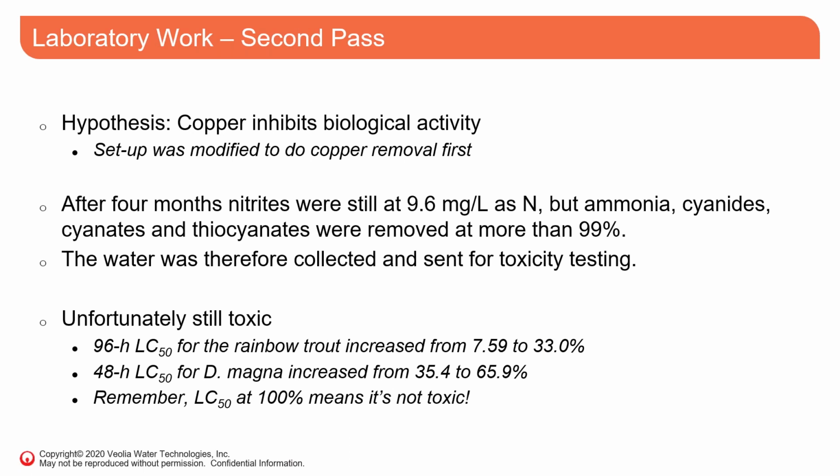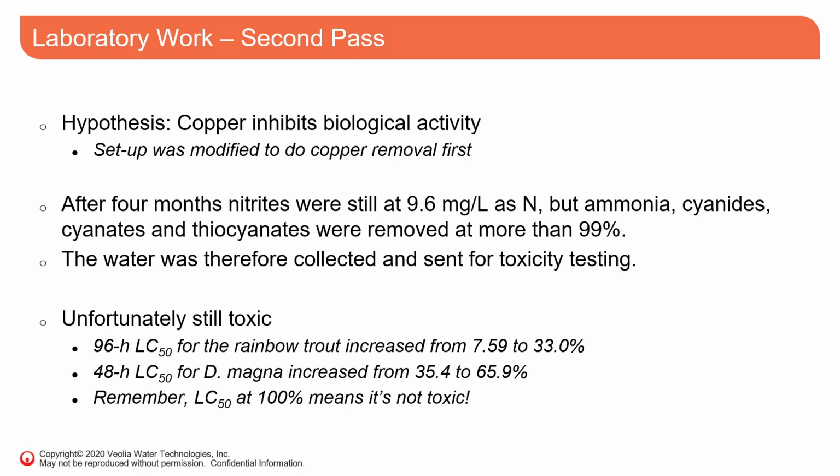Maybe there is some copper inhibition that prevents biological activities. There was a modification to the setup to make sure the copper was low enough so there's no inhibition at all from copper. After a couple of months of operation, the nitrite was still fairly high, but most of the ammonia and cyanide species were removed.